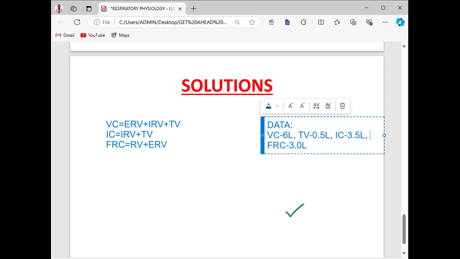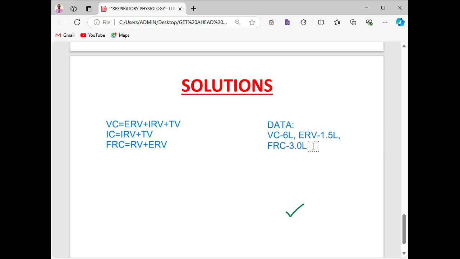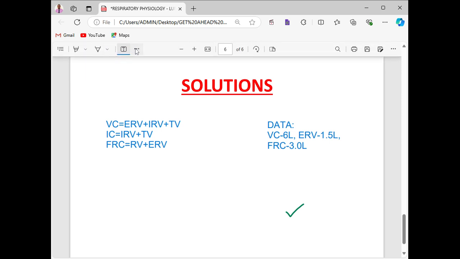These values are not there. Instead, we've been given ERV in this case, which is 1.5 liters. So that is our data for this question.